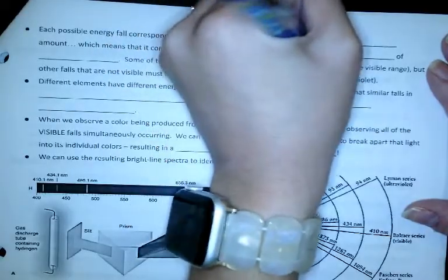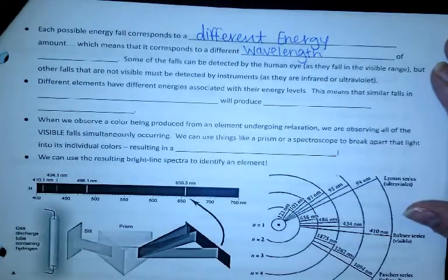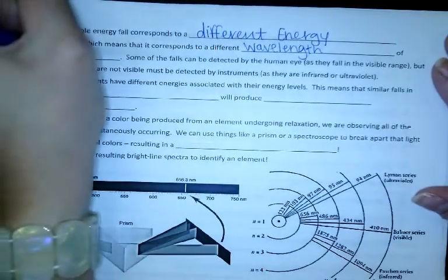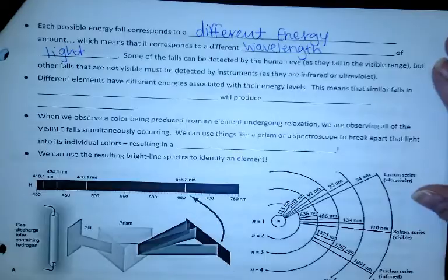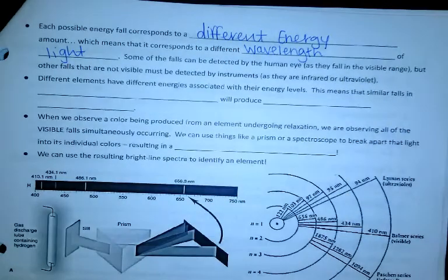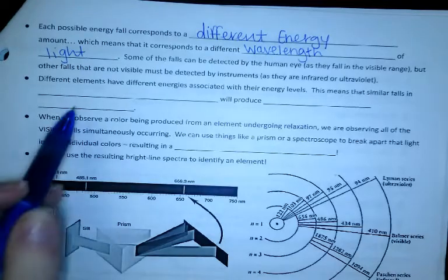The shorter the wavelength, the higher the energy. And this is the wavelength of light. Okay? Some of the falls can be detected by the human eye as they fall in the visible range, so we see this as color. But other falls that are not visible must be detected by instruments, okay, as they are infrared or ultraviolet. We cannot see infrared or ultraviolet.